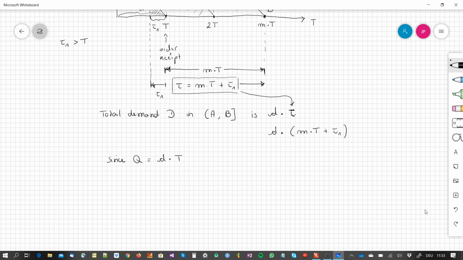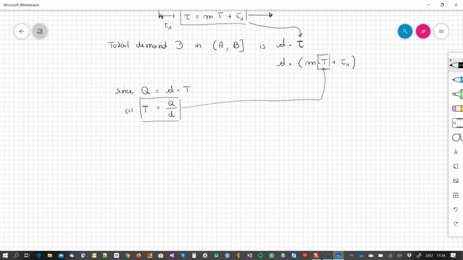If we rearrange the terms and we want to isolate the T, then we have Q divided by D. And this information here we can now insert into our function for the total demand, to derive the total demand here.